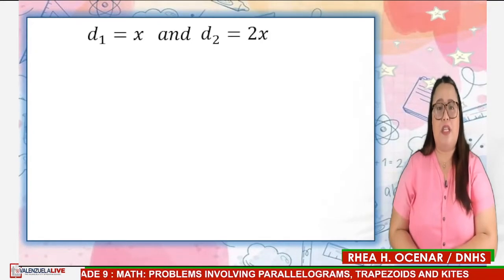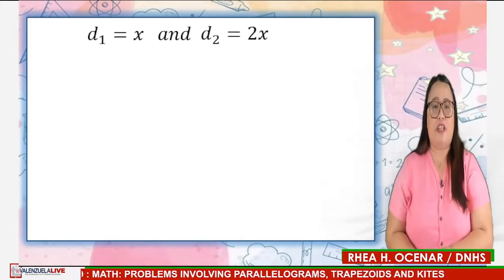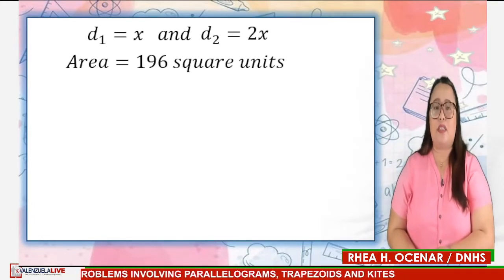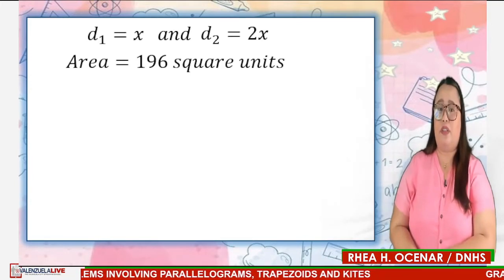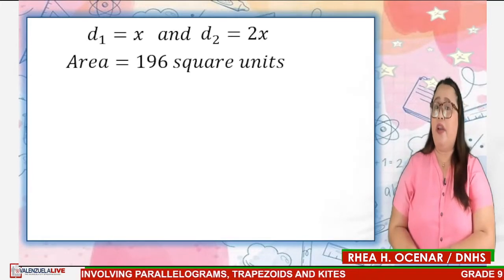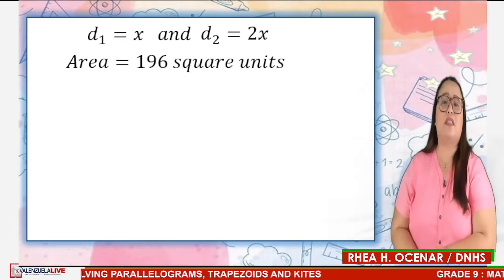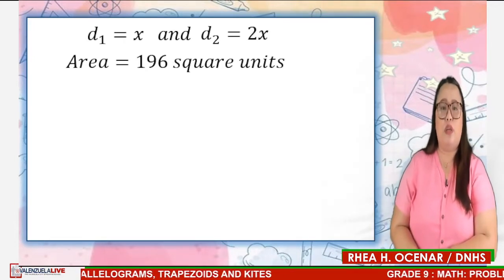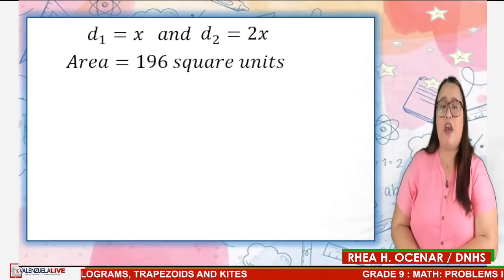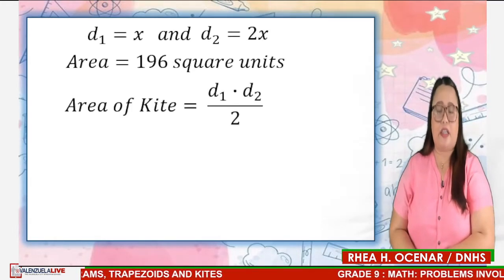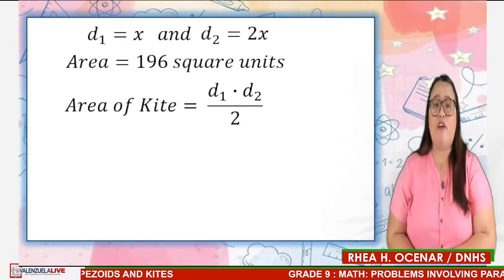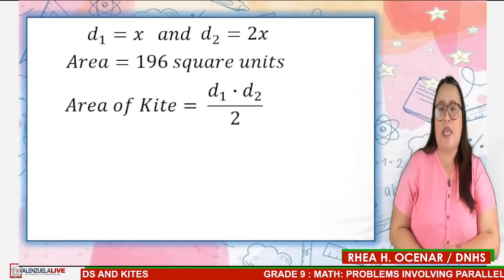Let x be the measure of one of the diagonals, or diagonal 1, and 2x is the measure of the other diagonal, or diagonal 2. The area is 196 square units. To solve this, we will use the formula for the area of a kite. Area of a kite is equal to 1/2 the product of the two diagonals.